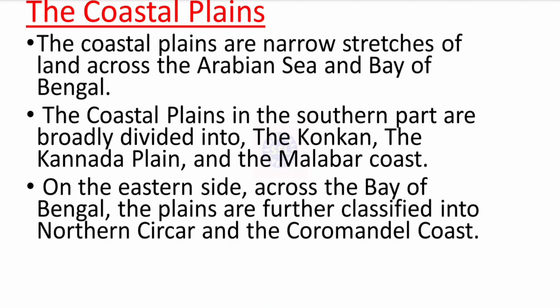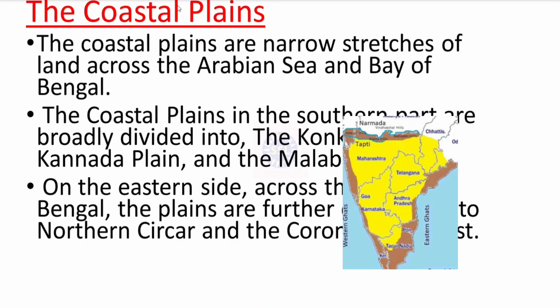The coastal plains. The coastal plains are narrow stretches of land along the Arabian Sea and Bay of Bengal. Here observe the image. Coastal plains, western plains and eastern plains.